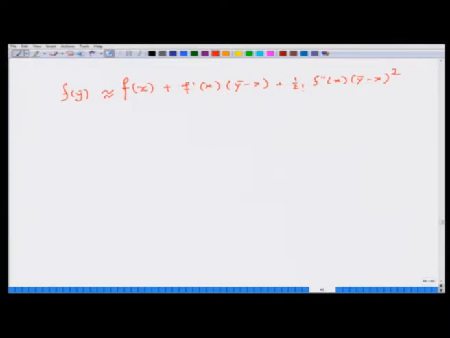Now, the essential idea is the following. Let me say, what would happen if f x is actually a polynomial. Suppose I want to approximate f x with a polynomial.